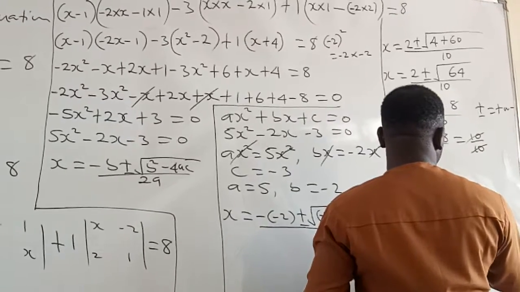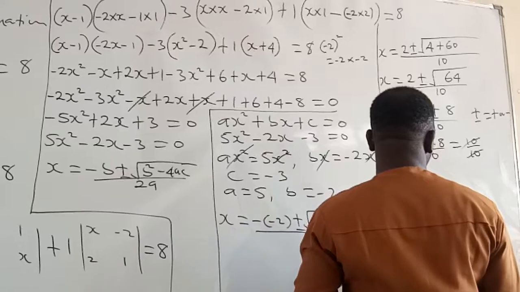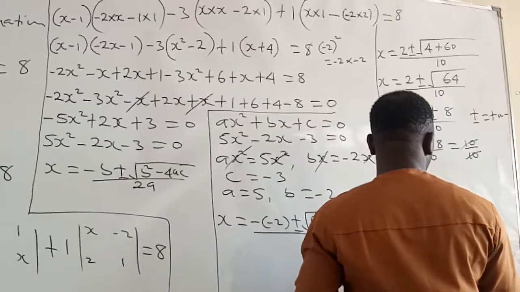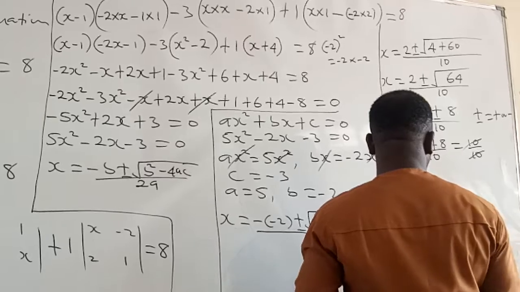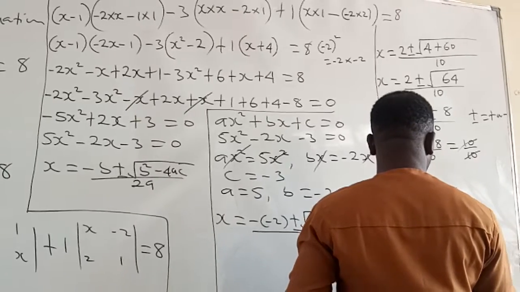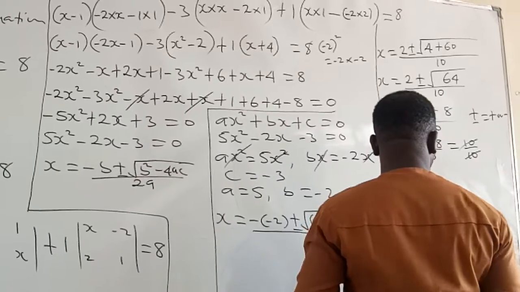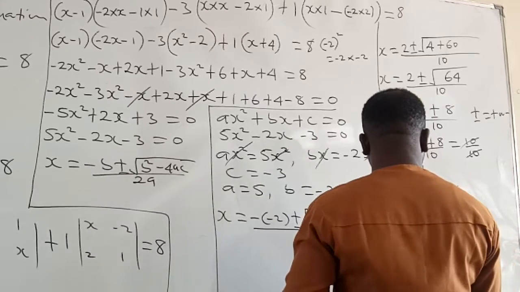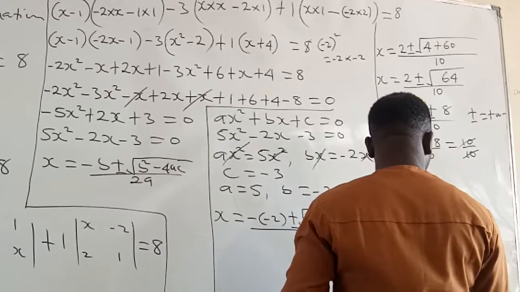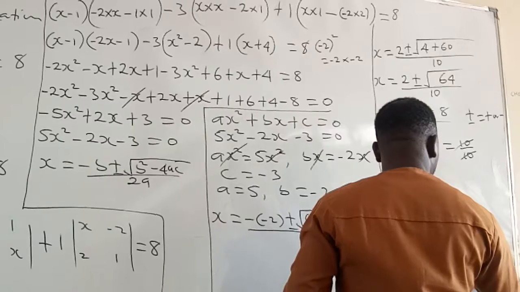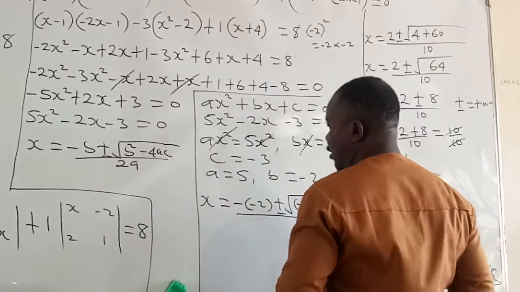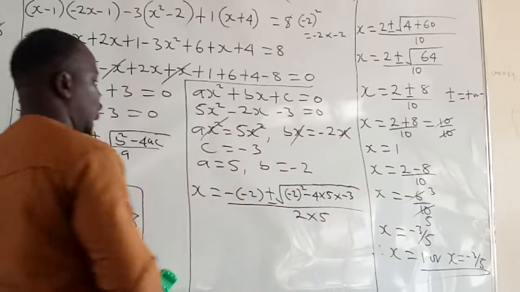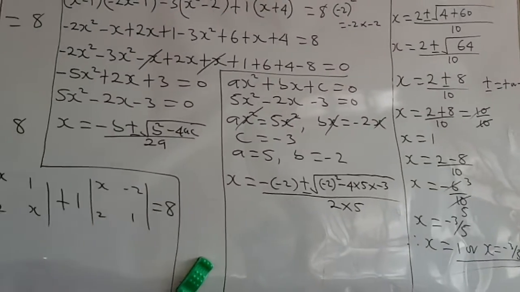Then 2 goes into this to give you 5, and 2 goes into this to give you 3. It implies that our x is equal to minus 3 all over 5. So therefore, our x is equal to 1, or our x is equal to minus 3 all over 5. Is that clear? Thank you very much.